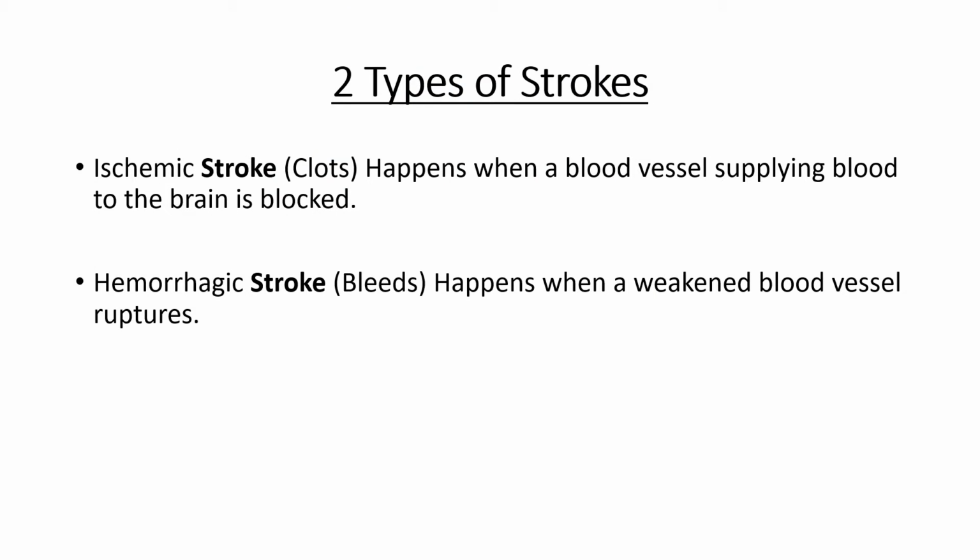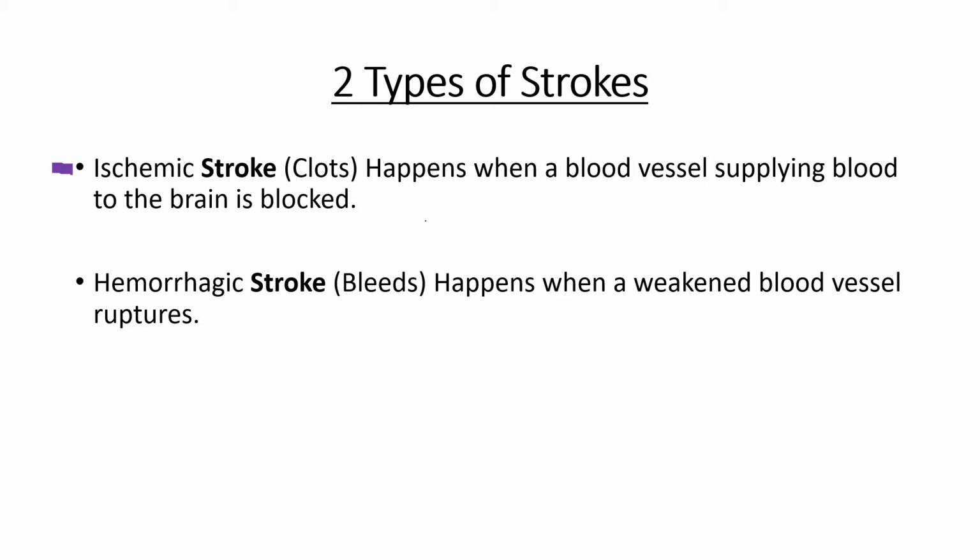All right, let's talk about strokes. 2 types: ischemic strokes. That's where you have the clots, unfortunately, and that's when the blood vessel supplying blood to the brain is blocked.